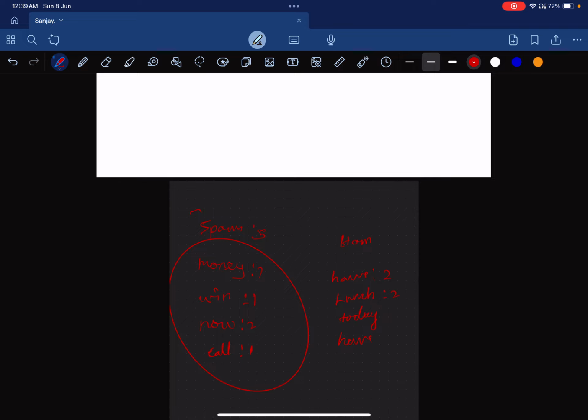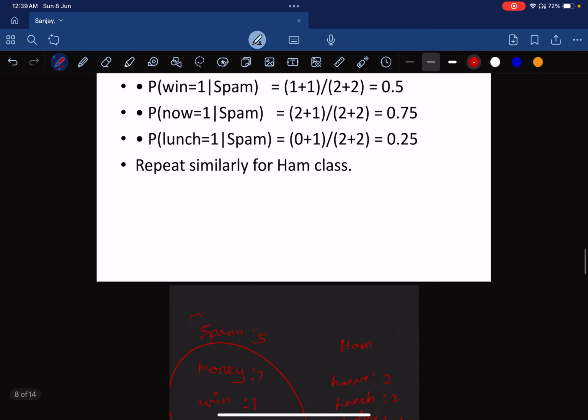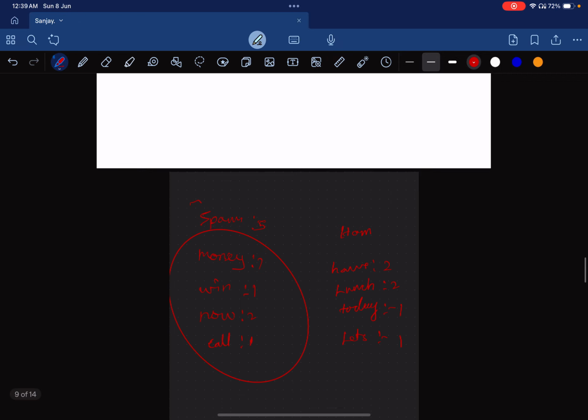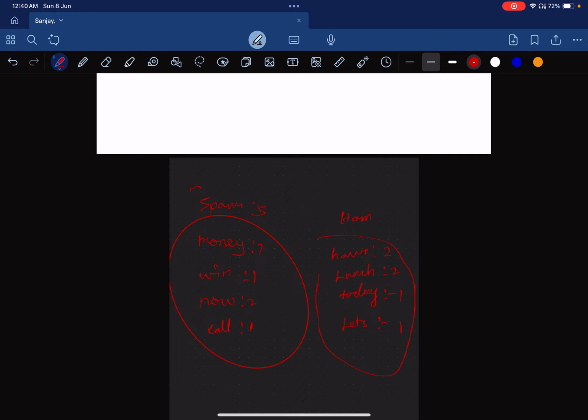Lunch occurs two times. Today occurs one time. Let's occurs one time. There are 6 words, right? 1, 2, 3, 1, 2, 3. So the total number of words in the ham class is 6.